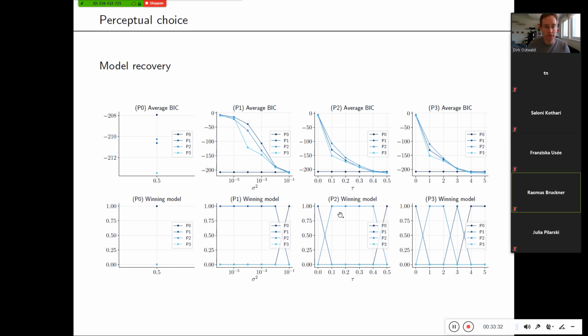So actually here, P3 seems to be a little bit better in accounting for, is that P2 or P3? Who thinks that? So I think this is P2. I would actually need to check in the data, because I think P3 is a little bit lighter. No, it's P2. Sorry.